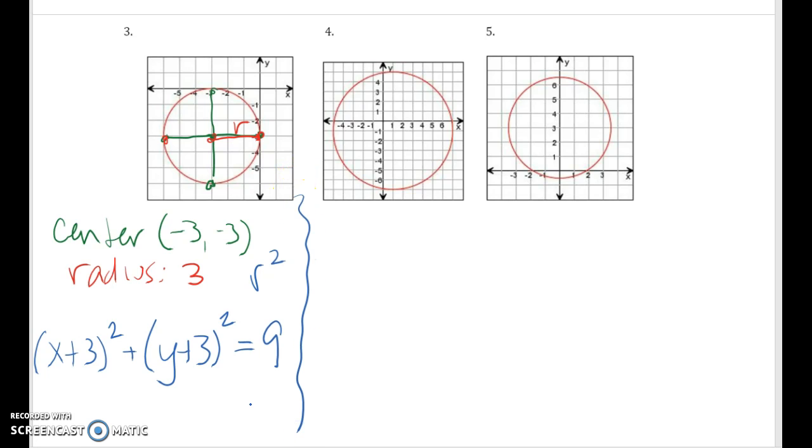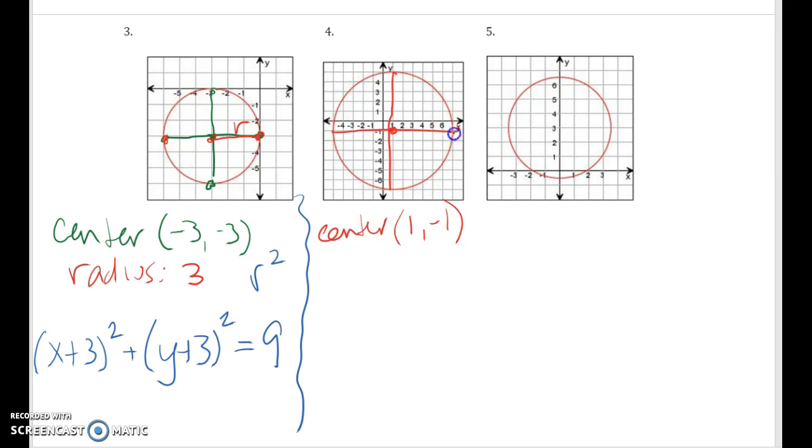All right, we're going to repeat the same steps for question number 4. So I go to my diameter, connect the 2 points. Oops, that's terrible. Let's try that again. Okay, so again, the widest part of my circle, if that line was straight, which it is not, the center would be at 1, -1.